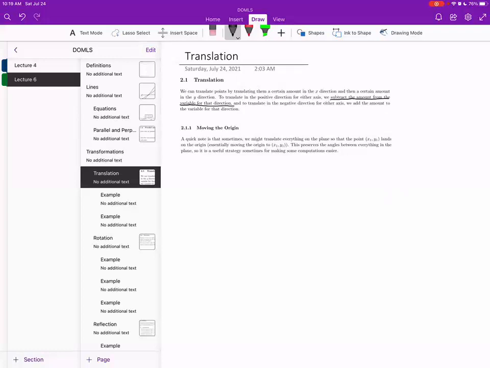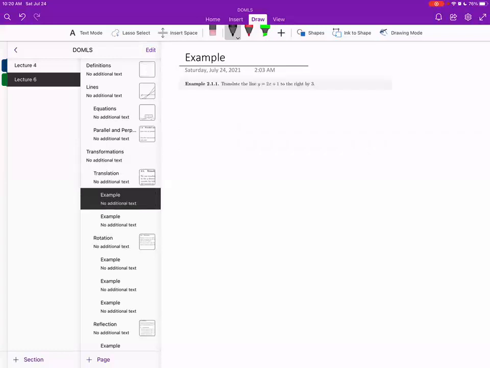And then an idea with translation is that we can actually shift everything in the plane so that we can assign a certain point to the origin. That preserves everything else in our diagram, so it can make computations easier sometimes, and it might make things easier to think about as well. So let's start with some examples.